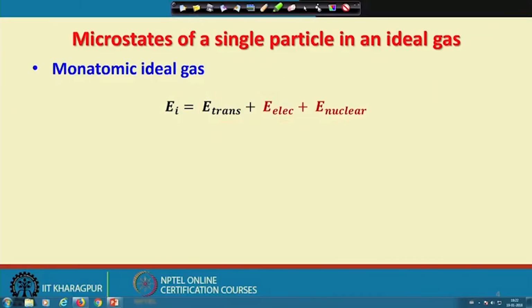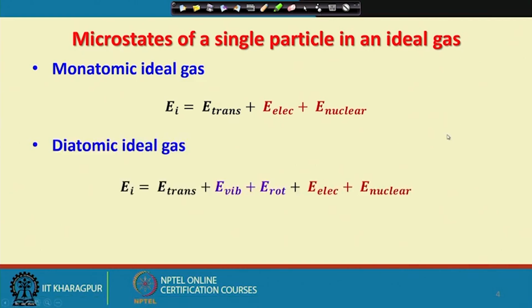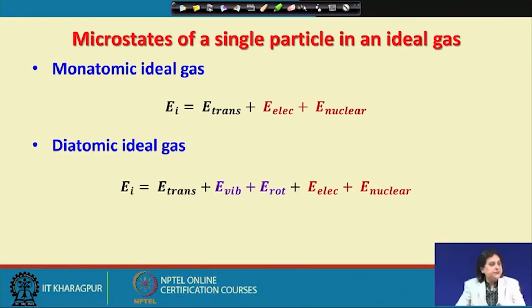Now, let us try and understand what will happen to this kind of relationship when we talk about a diatomic molecule. That is exactly what we are going to see next, and in the case of a diatomic ideal gas, for each molecule constituting the system, this is what we are going to have.